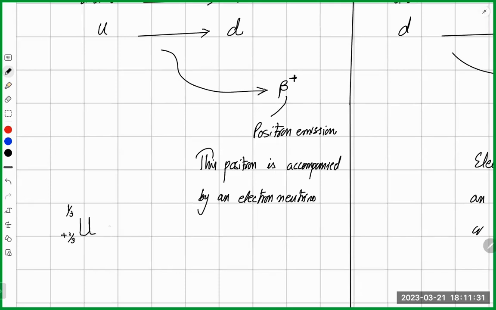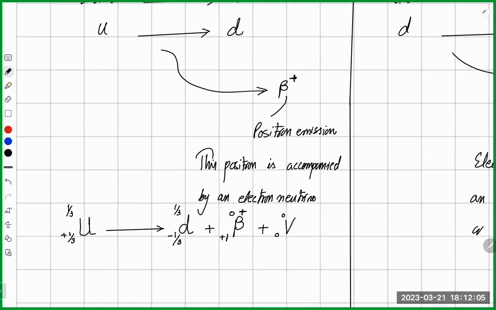So when it converts into a down quark, which is 1/3, no change in mass, but you can clearly see that the charge is -1/3. So there should be another particle, which is beta particle, which has mass 0 and charge +1. Plus a neutrino.